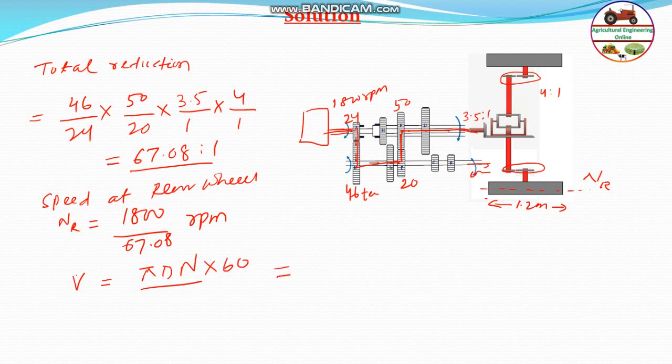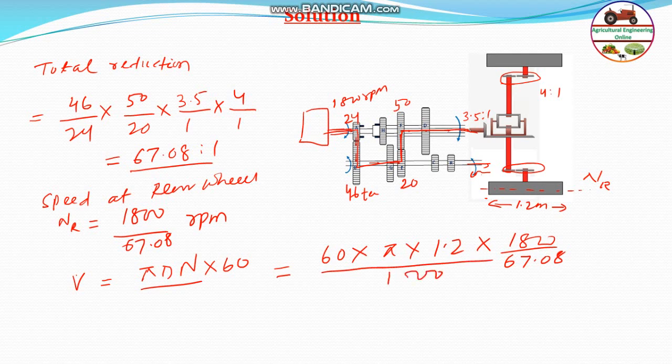The velocity will be equal to 60 into pi into 1.2 into 1800 divided by 67.08, and to make it kilometer per hour you have to divide by 1000. Therefore, the answer will be 6.07 kilometer per hour. This is the forward speed of the tractor in kilometer per hour, so this will be the answer for this question.